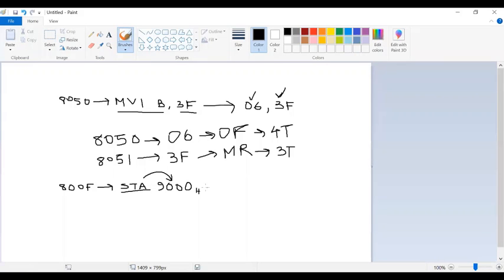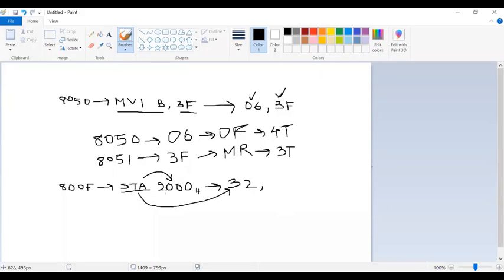The STA machine code is 32. All these are in the hexadecimal number system. I have not written H over here, but you can easily understand this 32 is hexadecimal. So the opcode of STA is 32.